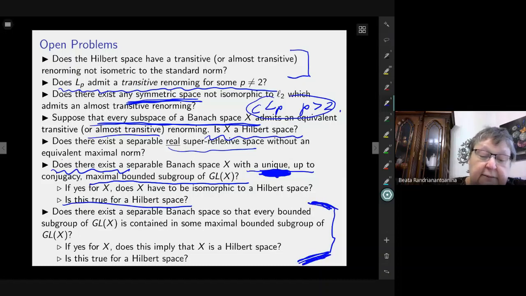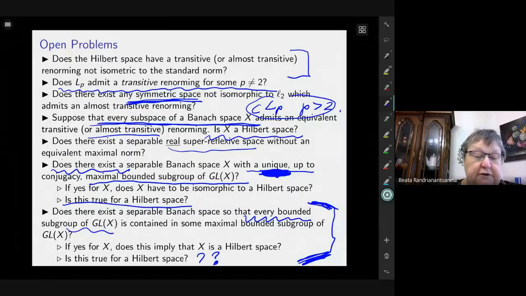Does there exist a separable Banach space such that every bounded subgroup is contained in some maximal bounded subgroup? Is this true for Hilbert space? Is Hilbert space the only one that would do that? So those are the open problems. They are very open. And thank you very much for your attention.